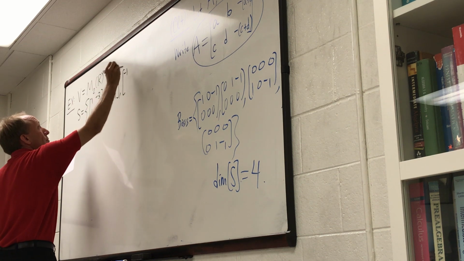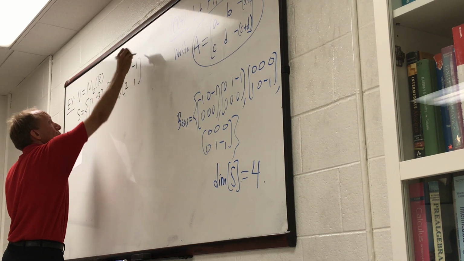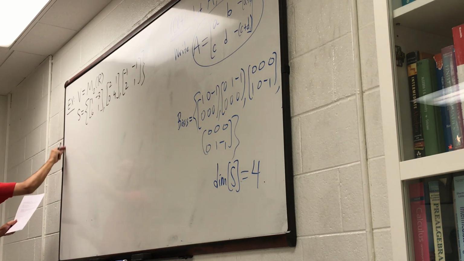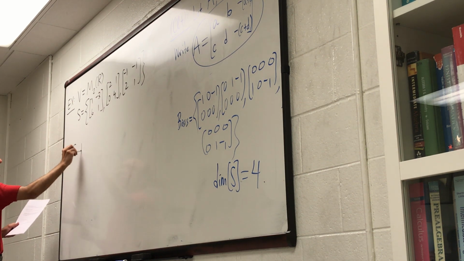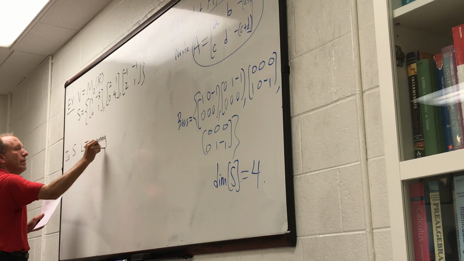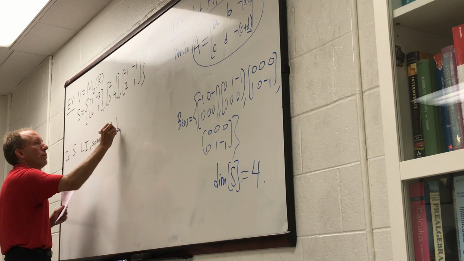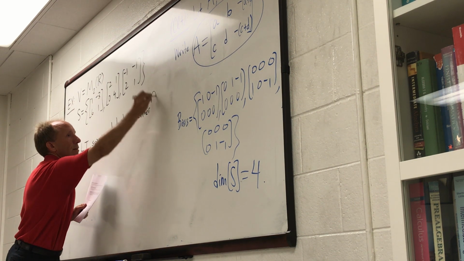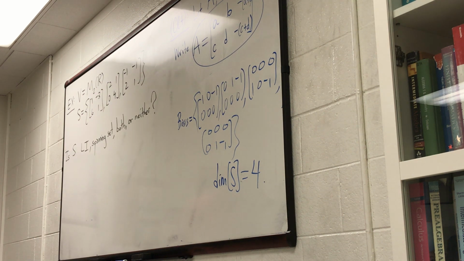And then negative 1, negative 1, 2, and 1. Okay? And what I want to ask is, is S LI, spanning set, both, or neither? This is the question.